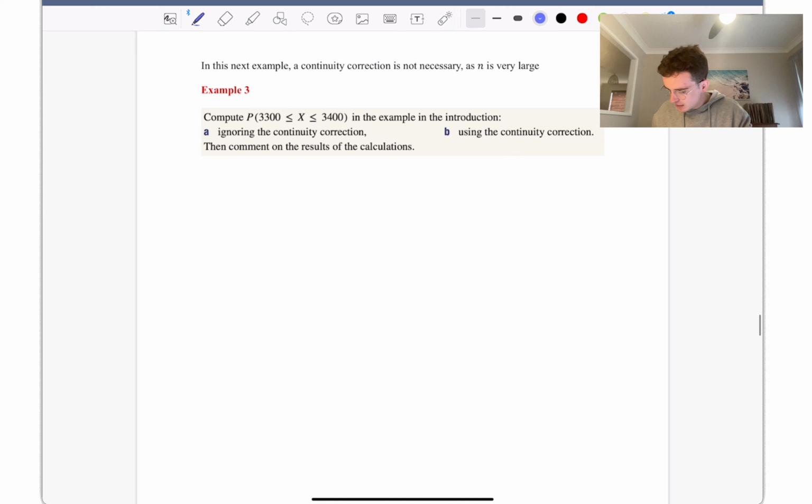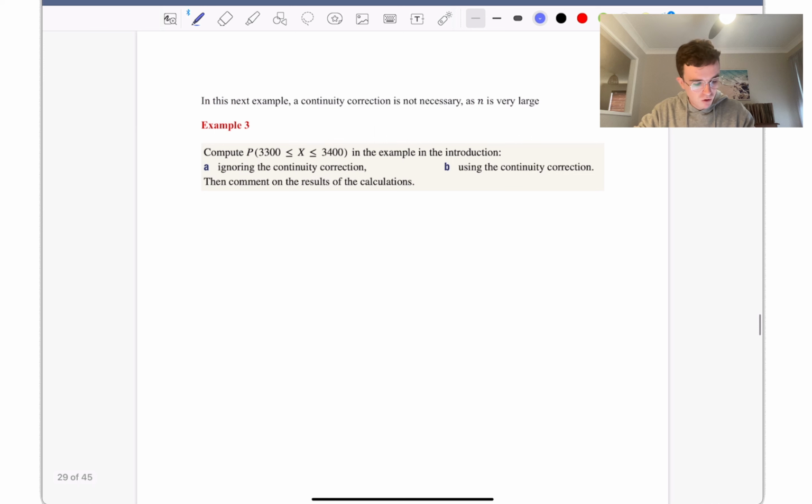Okay, in this next example, a continuity correction is not necessary because n is very large. Let's have a go. Let's use the continuity correction, though, in part B and see what happens. So we want to compute that x is between 3,300 and 3,400.